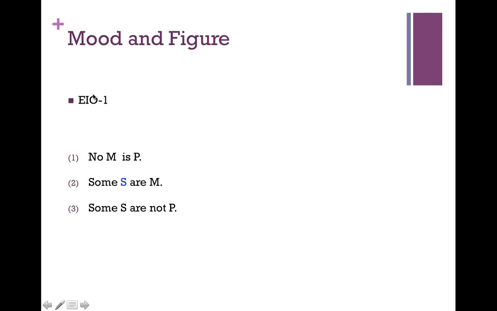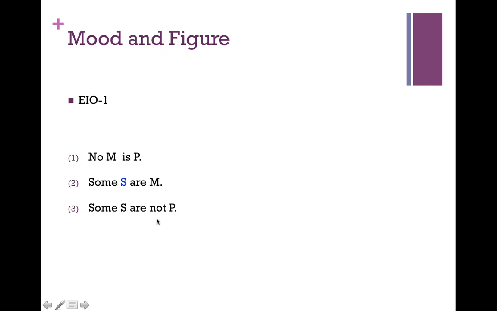And so this is how we would reconstruct an argument if we're just given the mood and figure. Start by writing out the quantifiers and putting blanks, or you could do it mentally, for the spaces where the middle term, the major term and the minor term would go.